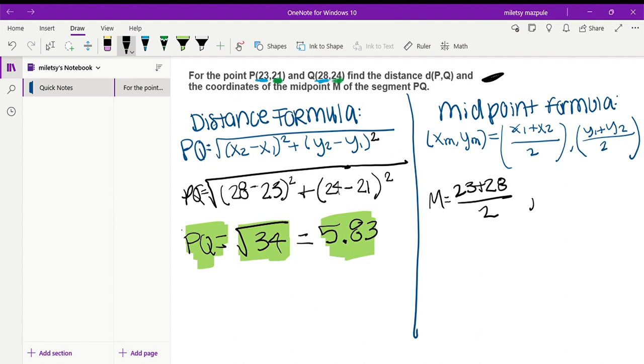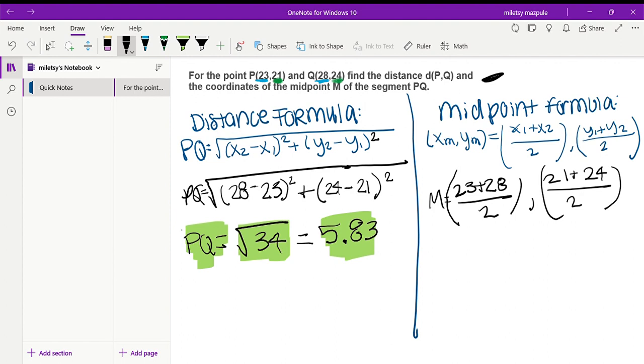So it's going to give us an ordered pair, hence the comma that I'm putting here and the parentheses to separate these. So then there's going to be y2 plus y1, which is going to be 21 plus 24 divided by 2.